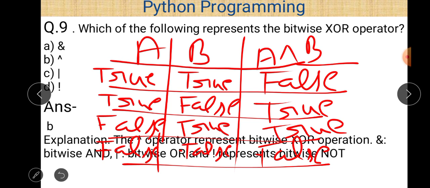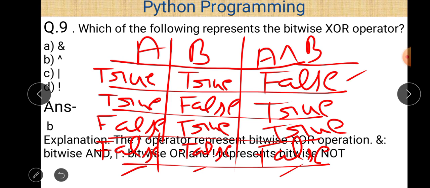So you can easily see that in the first case, inputs are true, true, then the output is false. In the last case inputs are false, false, then the output is also false, because both values are the same. But in the second and third cases, the first value is true and the second value is false, and in the fourth case the first value is false and the second value is true. In these cases inputs differ, so the output is true.